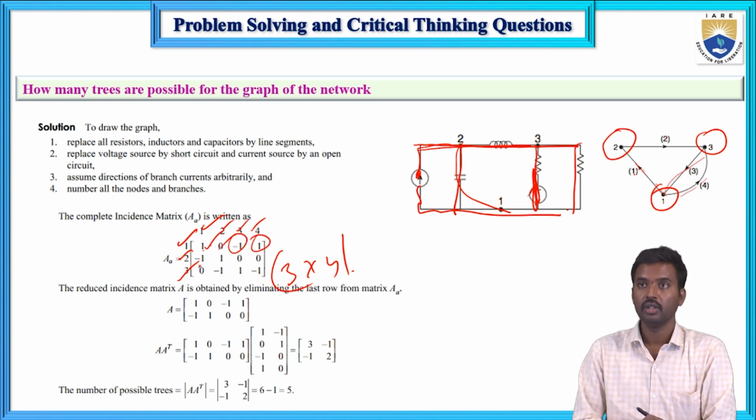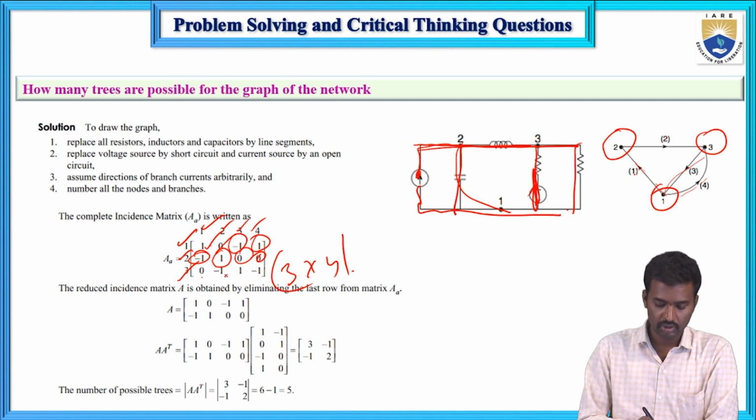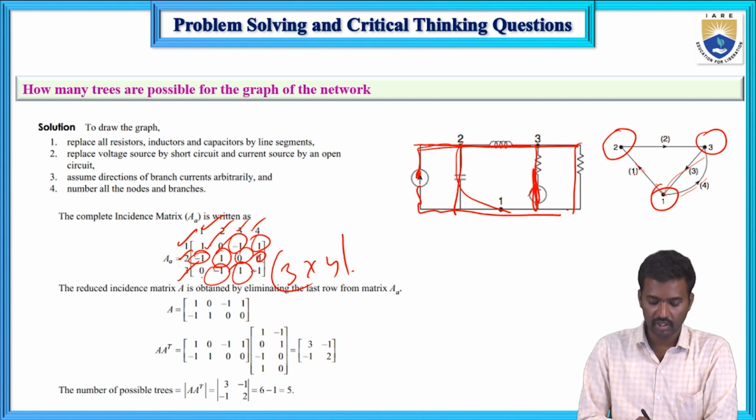And next here node 2, 1 is entering minus and 2 is leaving and remaining elements are 0.